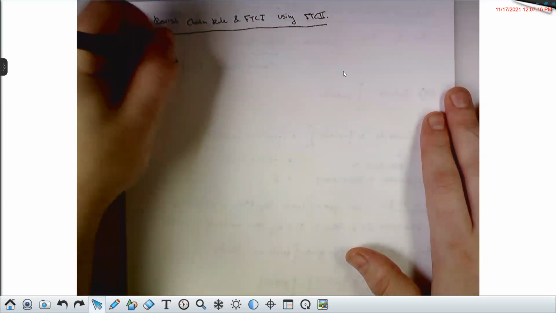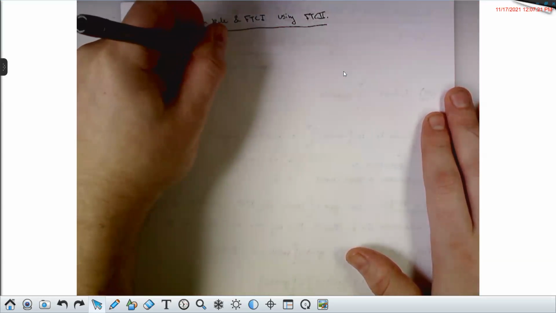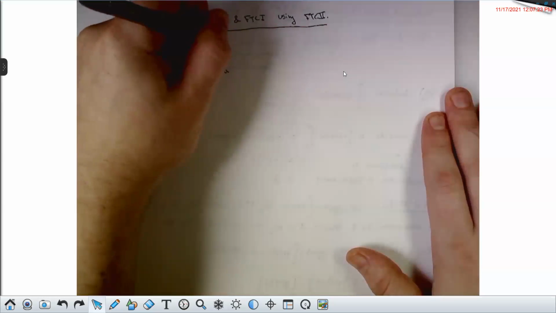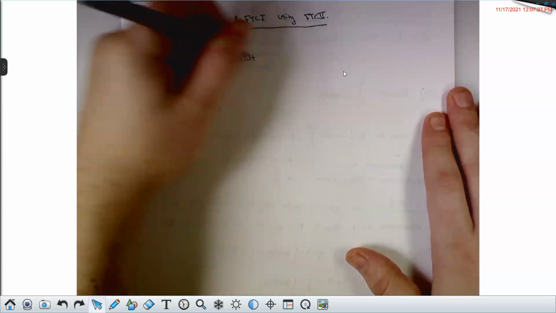Let g of x be the integral from a up to u of x of little f of t dt.